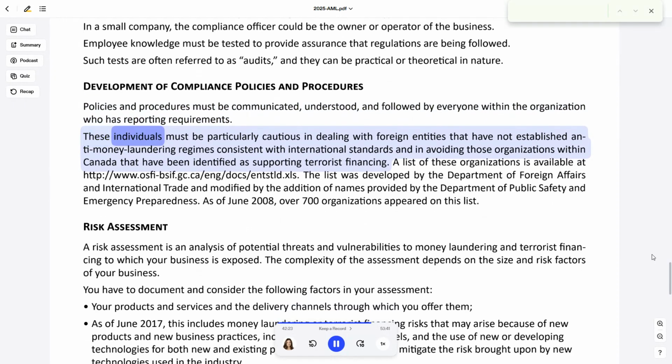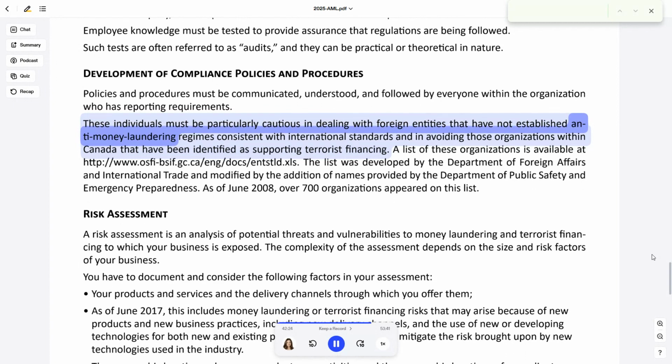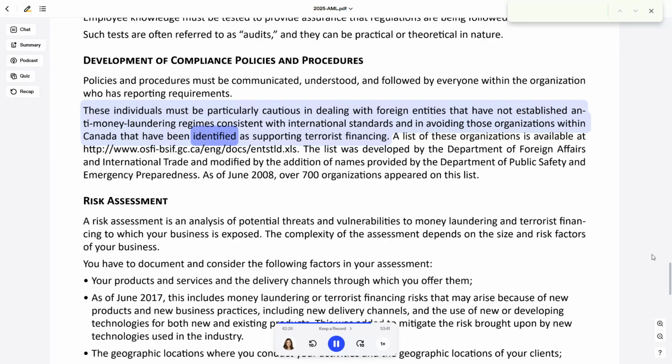These individuals must be particularly cautious in dealing with foreign entities that have not established anti-money laundering regimes consistent with international standards, and in avoiding those organizations within Canada that have been identified as supporting terrorist financing.